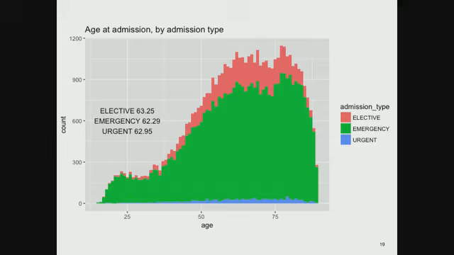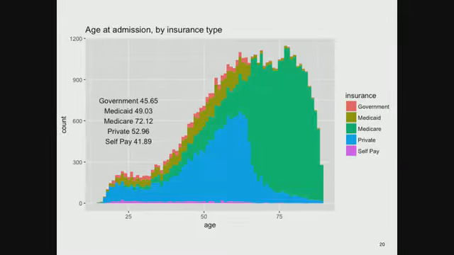And it doesn't seem to make a whole lot of difference, at least in the means of the population age distribution. On the other hand, if you look at insurance type and say who's paying the bills, there's a big difference in the age distributions.